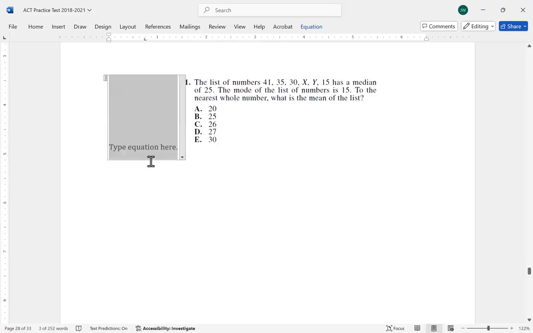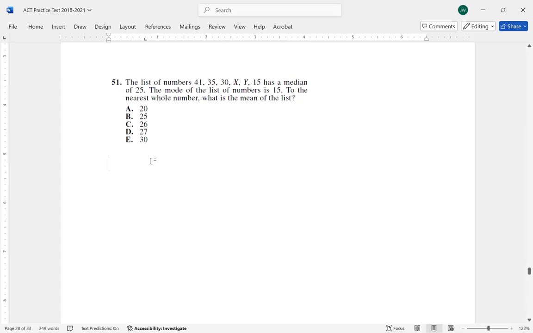Well, if the mode is 15, that means 15 needs to be repeated at least twice. We have one copy of 15 here, so we need either the X or the Y to also be 15. I'm going to set the Y as 15.